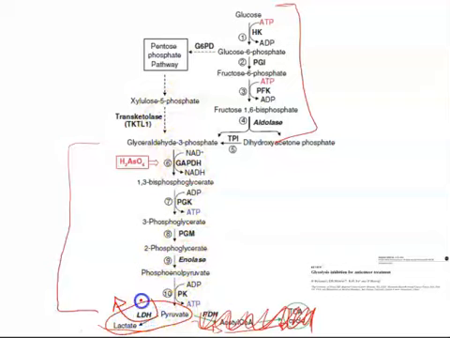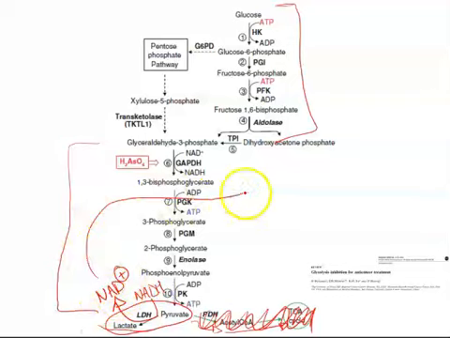And remember, the only biochemical point of fermentation is to regenerate NAD plus so that we could continue to run glycolysis. And here is our glyceraldehyde 3-phosphate dehydrogenase, which is also commonly abbreviated as GAPDH.